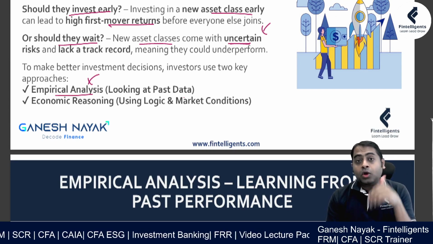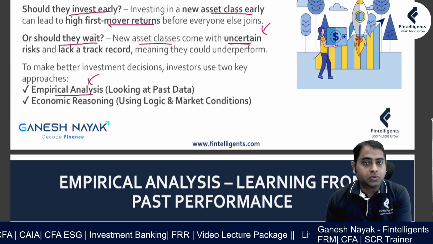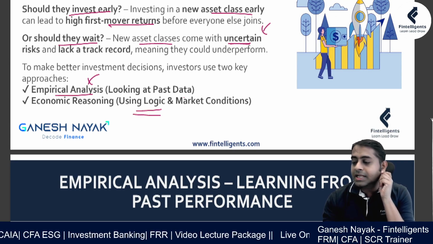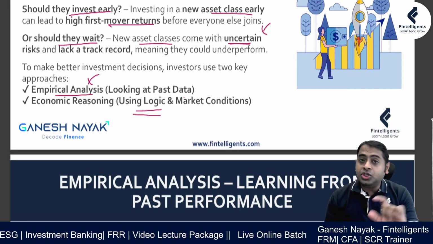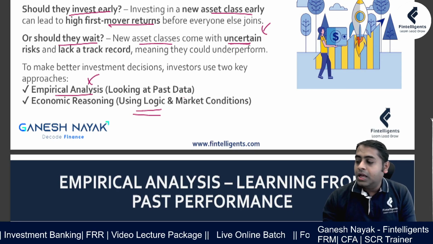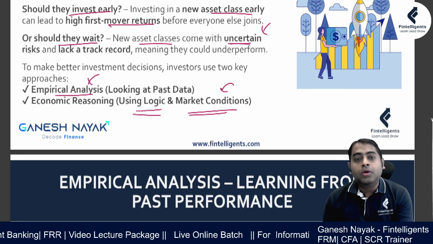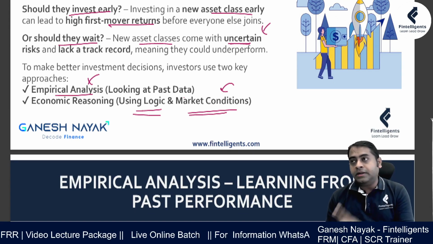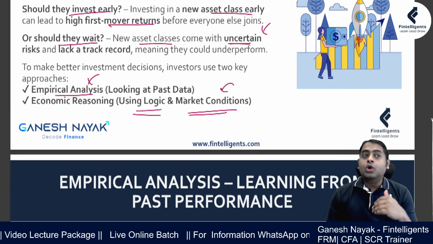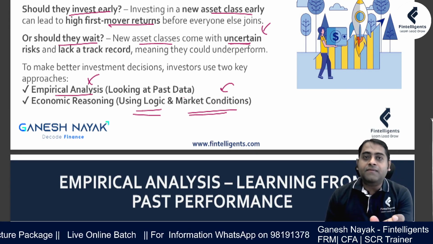Is that reason valid today also, or might it come again in the future? So use logical answers to logical questions to understand the jump in the price, and what the market condition was in the past and what the market condition is now. So basically you analyze. That is what, as a fund manager or as an investor, you should do to invest better in the alternative investment space, because these are very different.